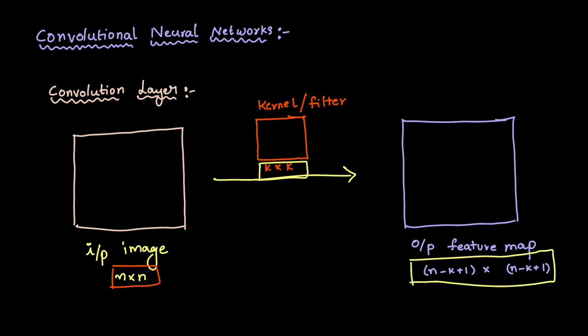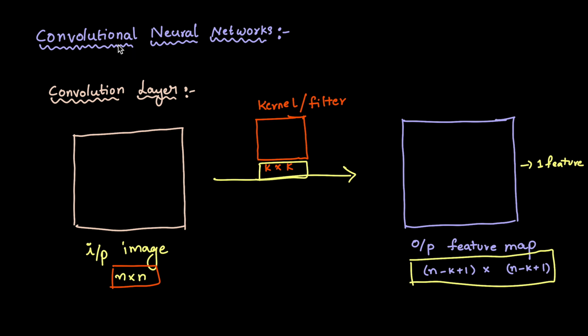And as I said, this kernel or filter will be able to give information of only one specific feature. So this feature map will have information of only one feature. But in some real-time examples, there will be multiple features. Like if you are taking a human face, there can be multiple features like ears, eyes, nose, teeth.